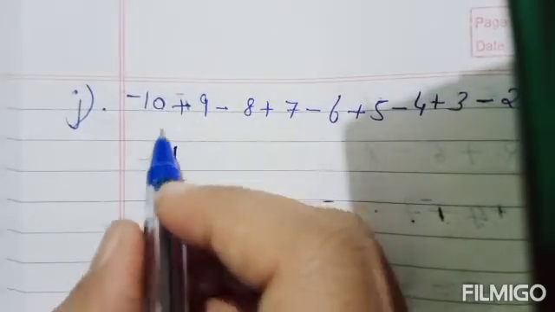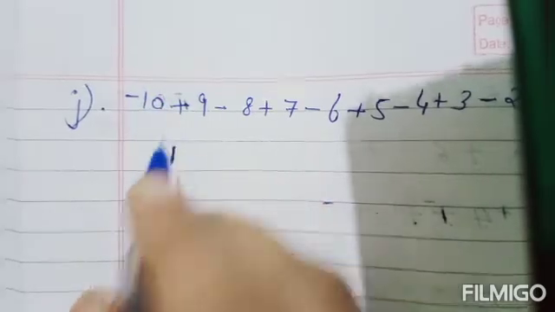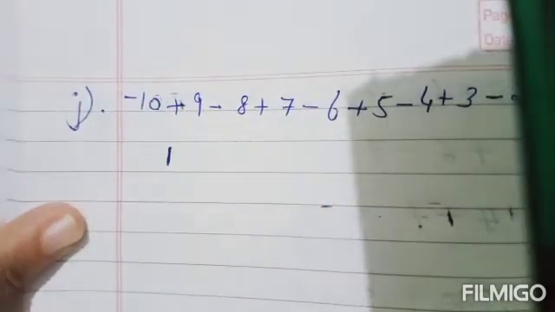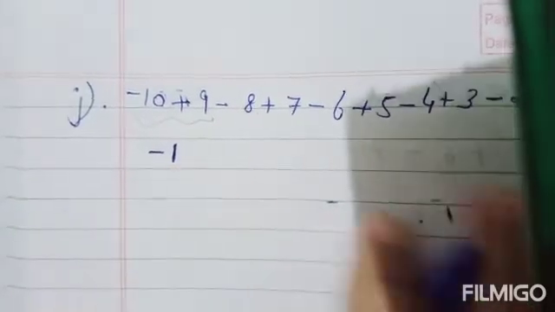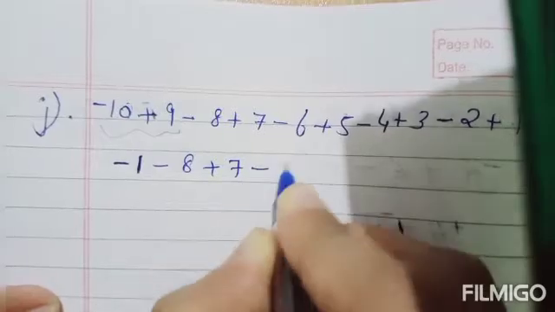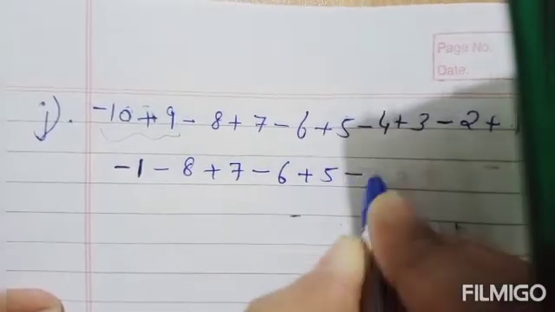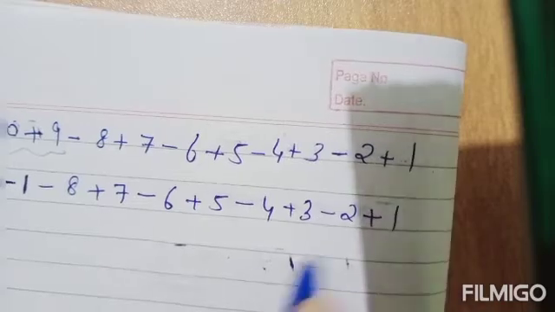What will be the sign? Put the sign of the greater number. Greater number is 10. Its sign is minus. So put minus sign here. Okay. So minus 1, minus 8, plus 7, minus 6, plus 5, minus 4, plus 3, minus 2, plus 1.